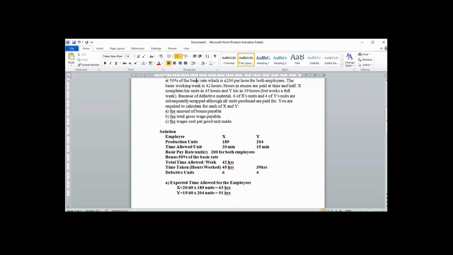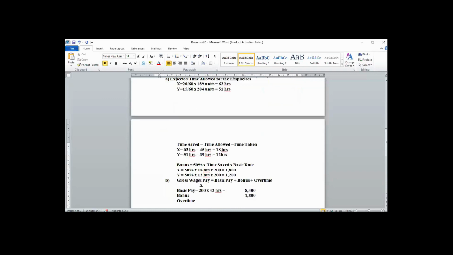Your overtime is calculated as time taken minus what? Time allowed. Time saved is time allowed minus time taken.